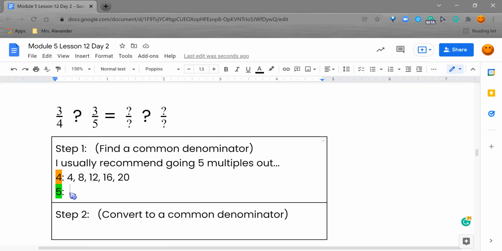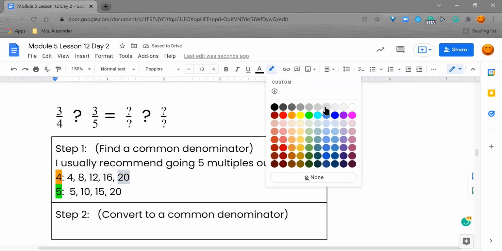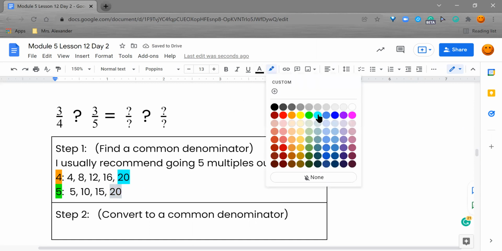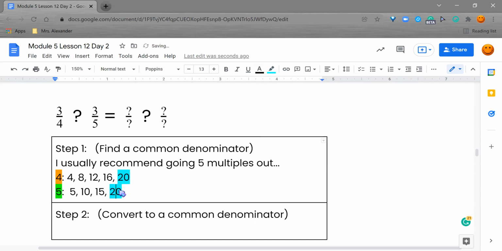So I'm going to count by 5s: 5, 10, 15, 20. Look at that. I can stop right there because they both have a 20. So I'm going to highlight this 20. This is my common multiple. It's the least common multiple even. So I'm going to write 20 on both of these because this is our common denominator.